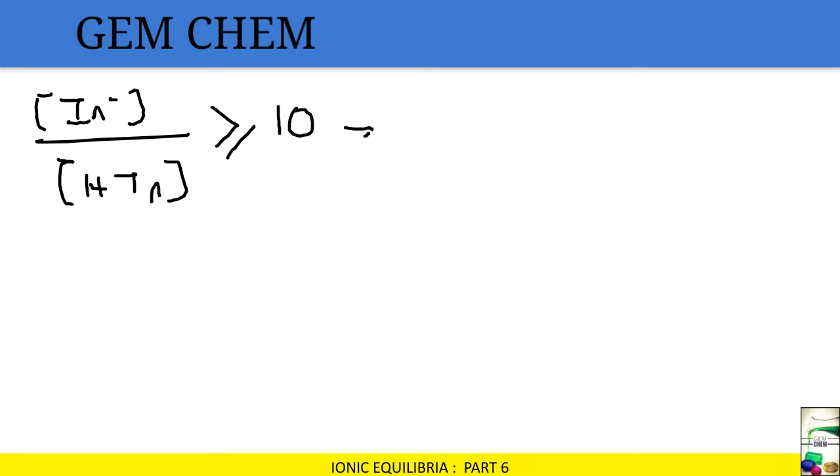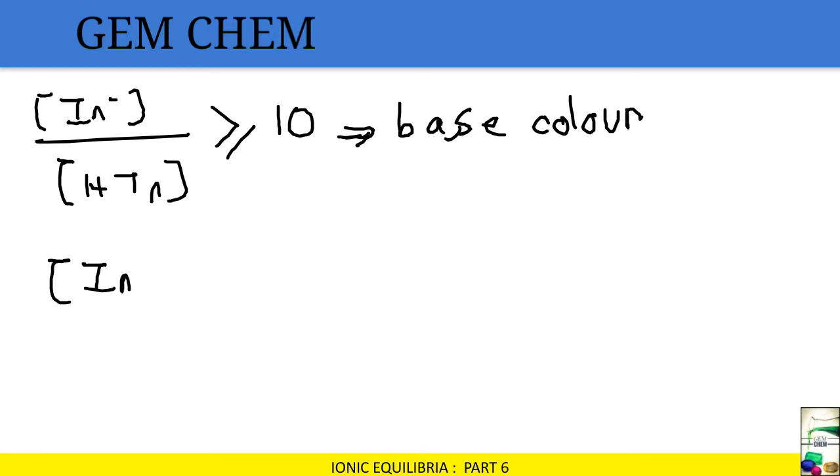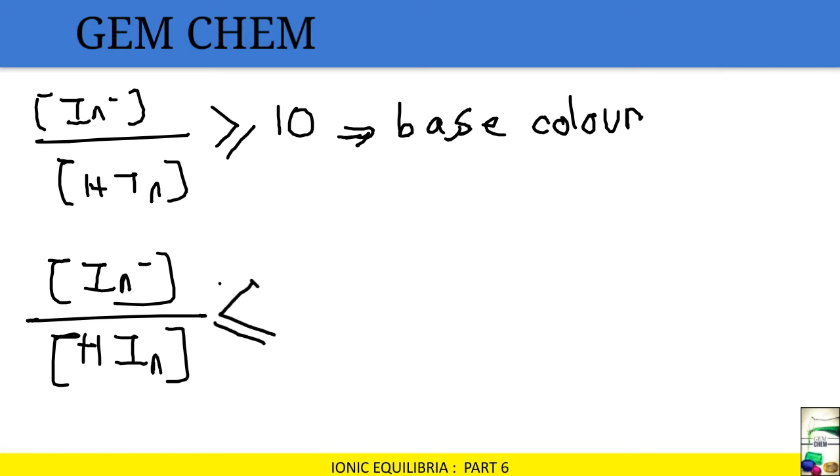Then we will observe the base color. Okay, base color will be observed. And if we consider this ratio as HIN greater than or equal to 1 by 10, then the acid color will be observed.